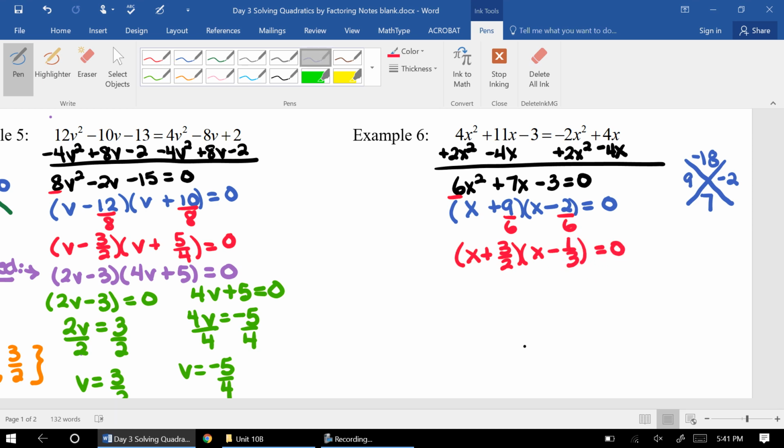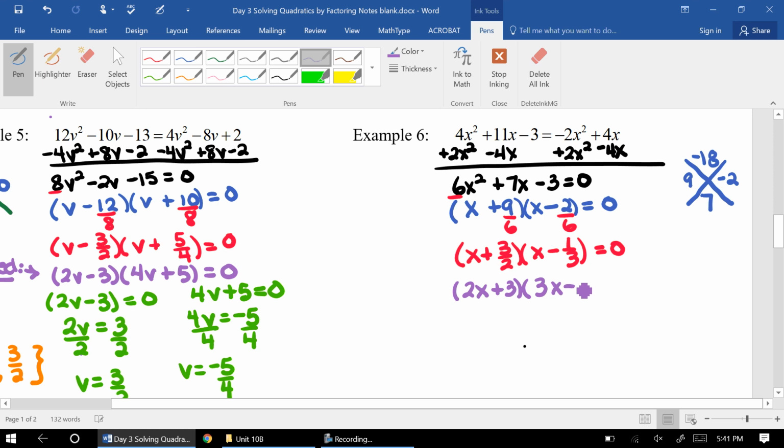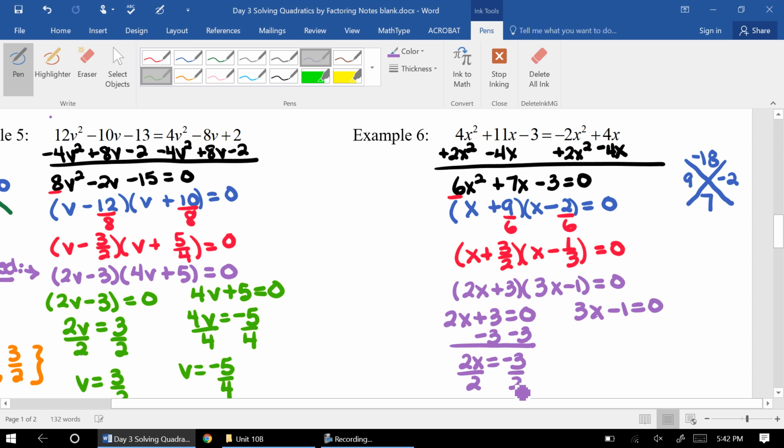Now I'm going to do my bottoms up. So 2x plus 3, 3x minus 1 equals 0. And set each factor equal to 0 with the zero product property. So subtract 3 from both sides and divide by 2.